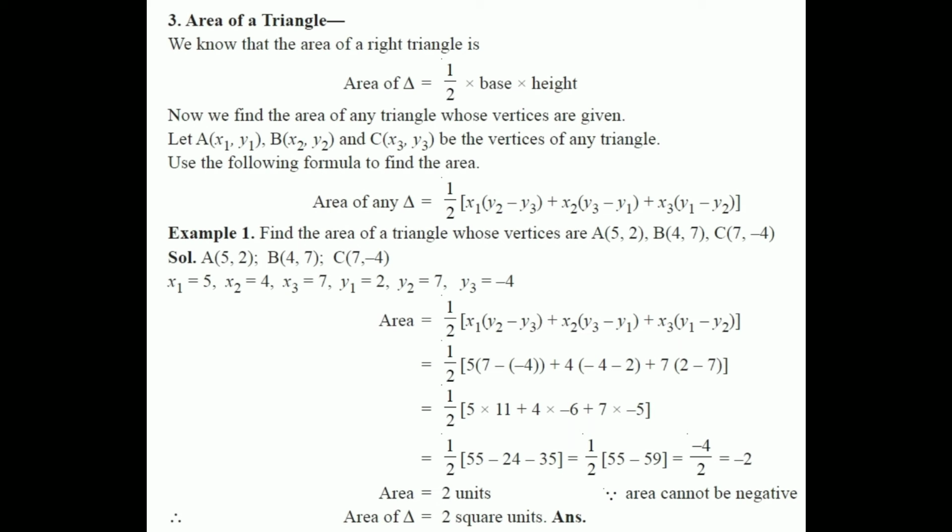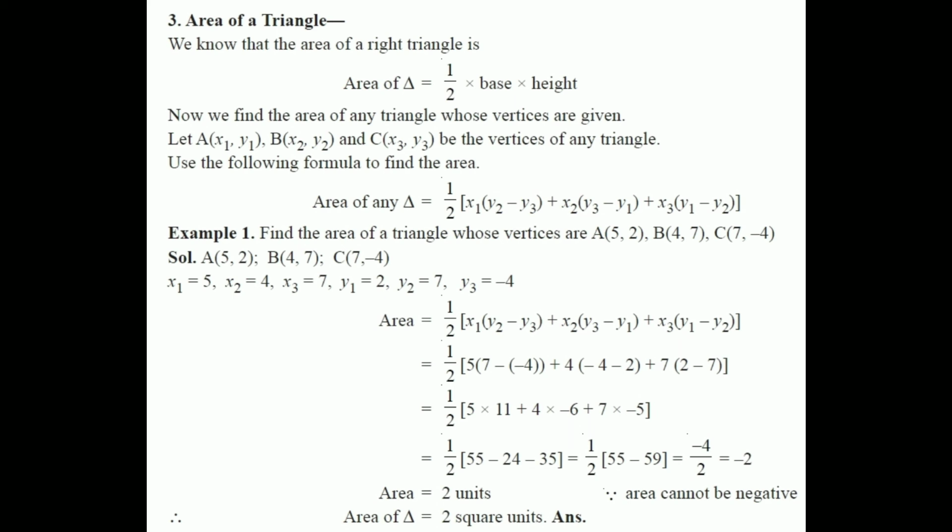Since it is the area, meaning some space occupied, it cannot be negative. We take the magnitude value only and reject the negative sign. Therefore the area of this triangle with the points A, B and C will be 2 units. Area is equal to 2 square units.